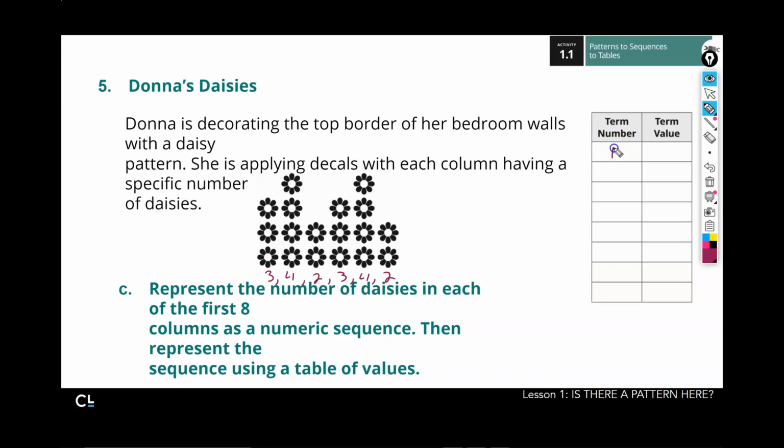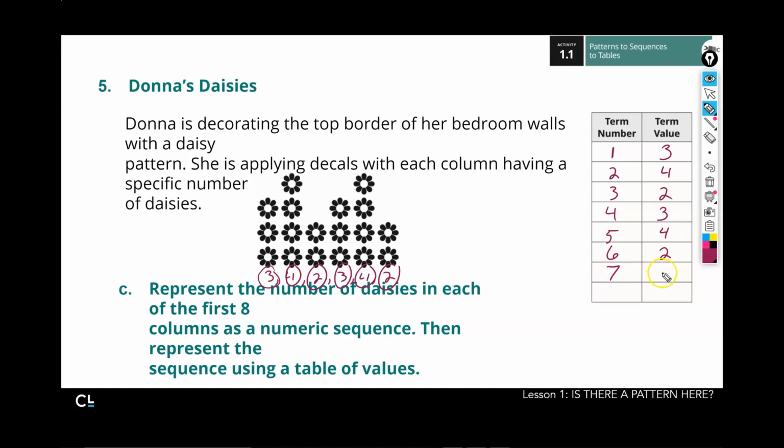So in the first term, I've got 3 daisies. The second term, I have 4 daisies. The third term, I have 2 daisies. And then the fourth term, I have 3 daisies. The fifth term, I have 4 daisies. And the sixth term, I have 2 daisies.